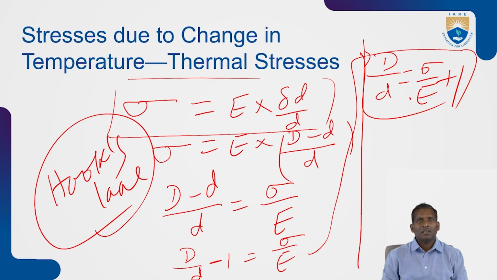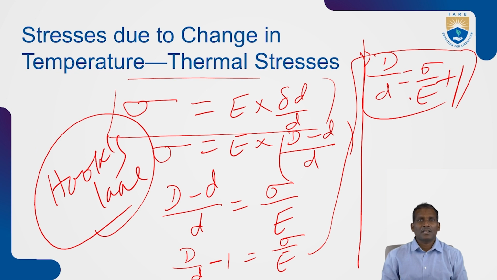So whenever the stress increases, the strain also increases by an equal amount. When stress decreases, strain also decreases. That's why it's directly proportional to the strain value. This depends upon the material property and upon the load, within the elastic limit only.